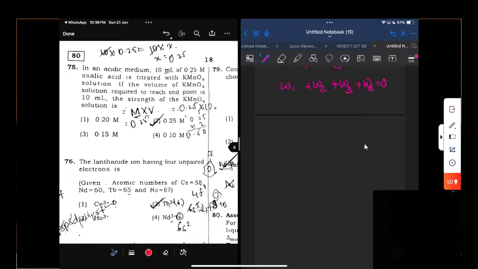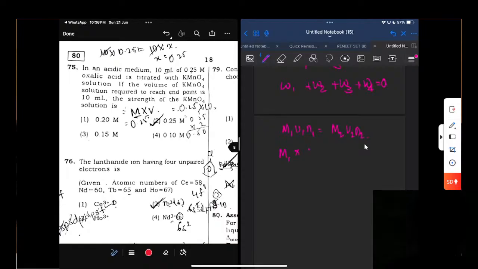Next, in acidic medium, 10 ml of 0.25 molar oxalic acid is titrated with KMnO4 solution. If the volume of KMnO4 solution required to reach the endpoint is 10 ml, the strength of KMnO4 solution is? So we have the formula M1 V1 N1 is equal to M2 V2 N2. We don't know the value of M1.